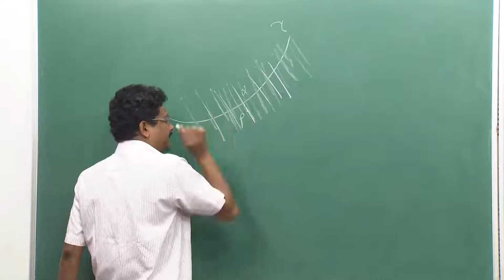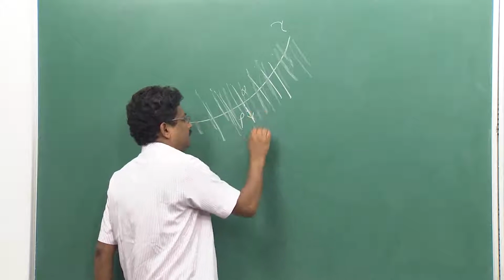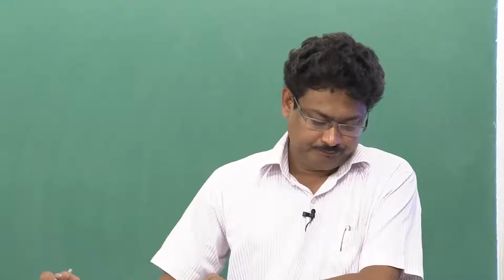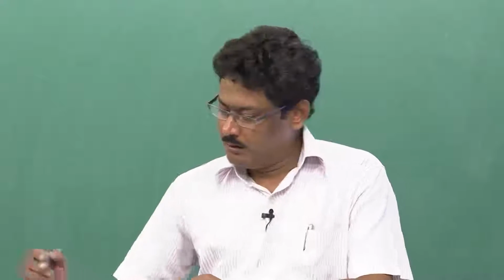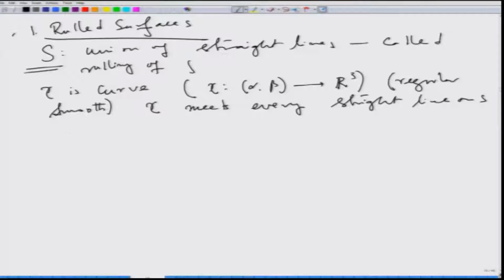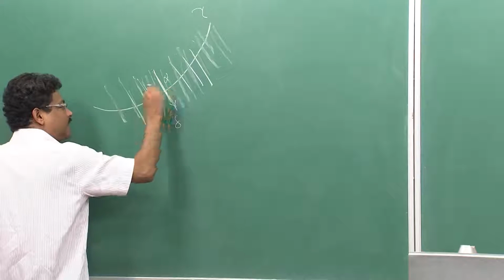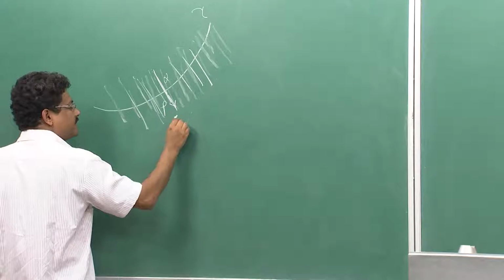Then any point P, I write delta here, I explain what it is. Straight line on S, P is a typical point on S. What I mean here is that gamma is like this, intersects one of the straight lines at Q, P is a typical point, which is in a direction delta.